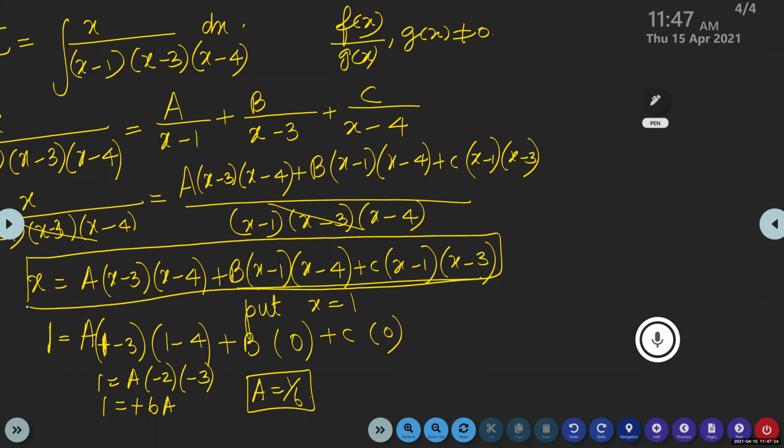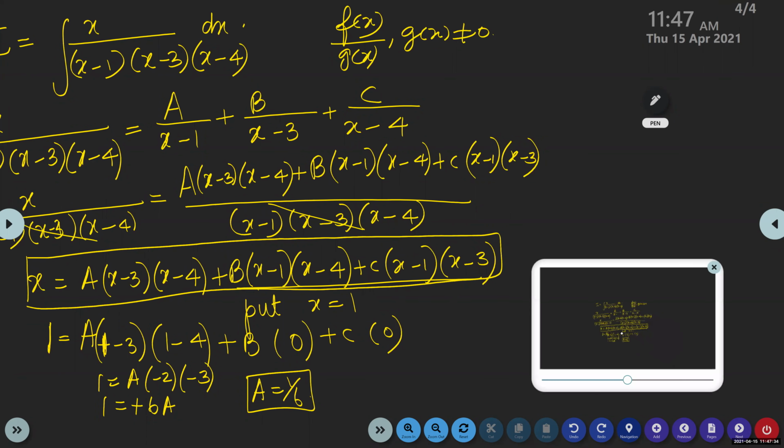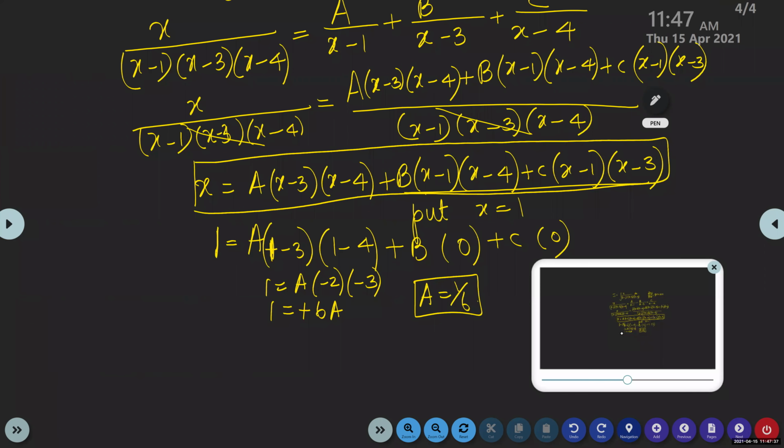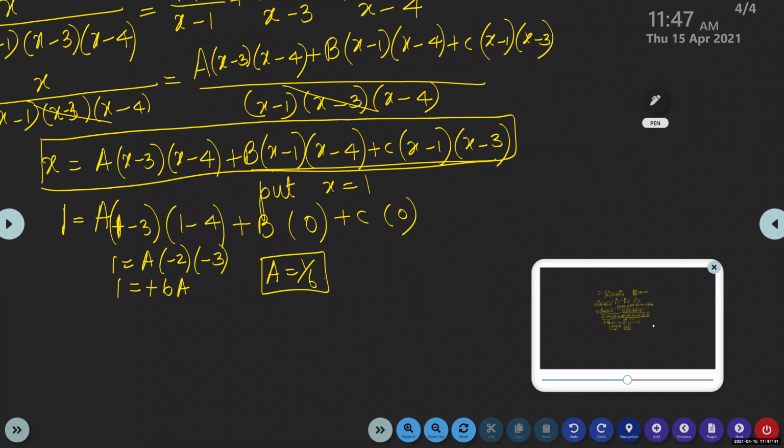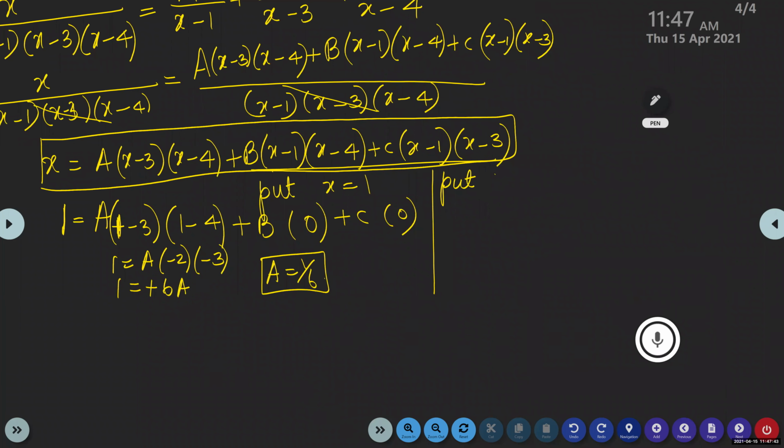So what is the value we'll assign? 3. Okay, so you put x is equal to 3. When you put x is 3, LHS will be 3, isn't it?